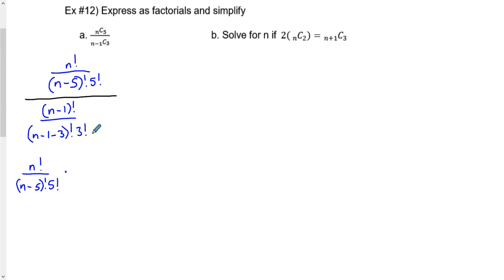You're going to multiply by the reciprocal of the denominator, so that n subtract 1 factorial is going to be on the bottom. Whereas the n, I'm going to simply combine this -1 and -3 to be a -4 in one step. Saves me a little bit of extra room, a little bit of work.